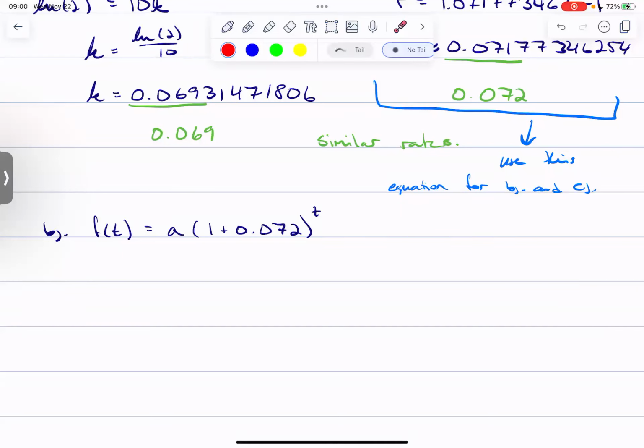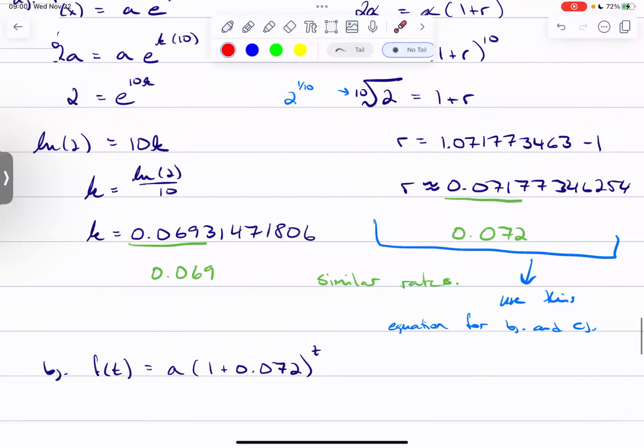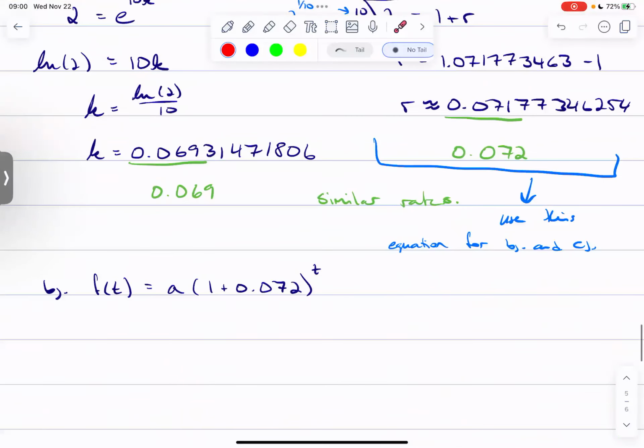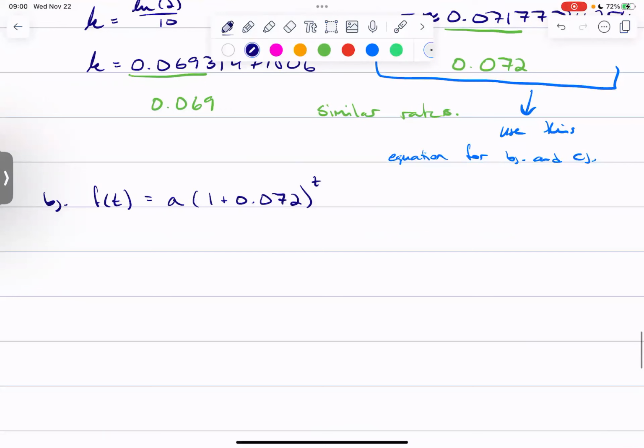When t is 20, f of 20 is a times 1.072 to the power of 20.